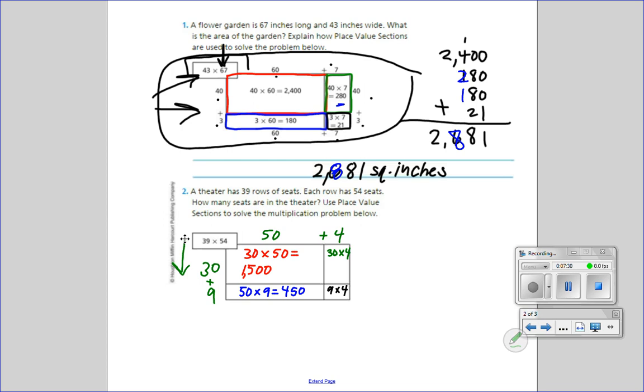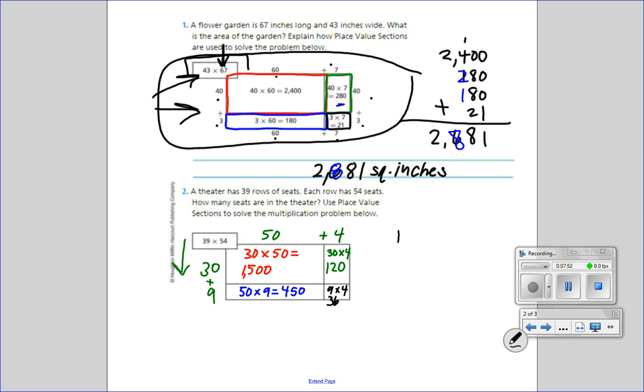We know that 3 times 4 is 12, and we need 1 zero. We know that 9 times 4 is 36. So now we need to add all of these sections together to get the entire area.